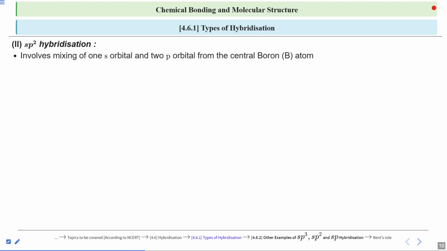Now moving on to the next type of hybridization, which is sp2 hybridization. What happens in sp2 hybridization? To understand that, we will take the case of BCl3, which is boron trichloride. If boron is the central atom, it will undergo hybridization. What are the orbitals that will be used in that hybridization? It will be 1 s orbital, not the principal quantum number 1, I mean the count one, and 2 p orbitals.